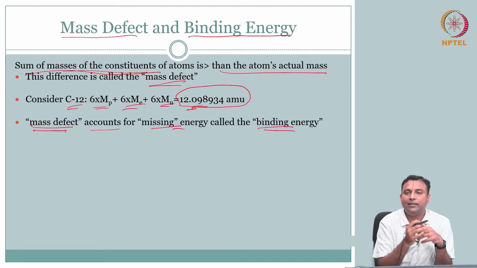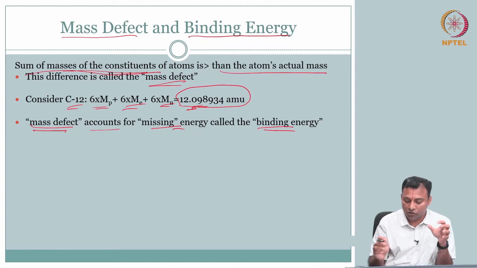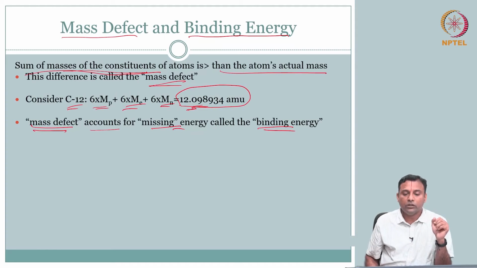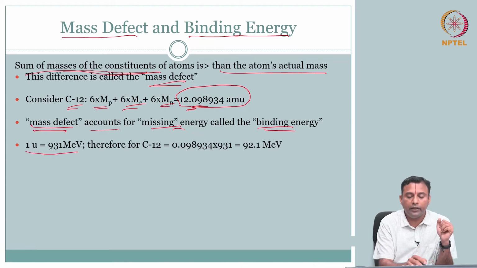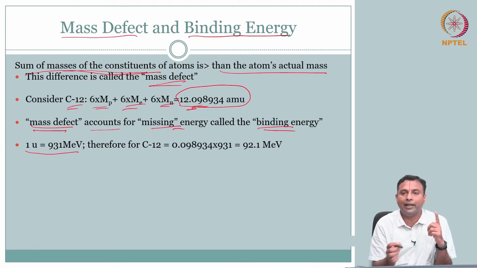This mass defect has an equivalent energy. That is the one that is binding the constituent particles. So the relationship between mass and binding energy is from your E is equal to mc square. If you take one unit, we have always talked about energy in terms of electron volt. That's how we have been defining it in this imaging system physics.